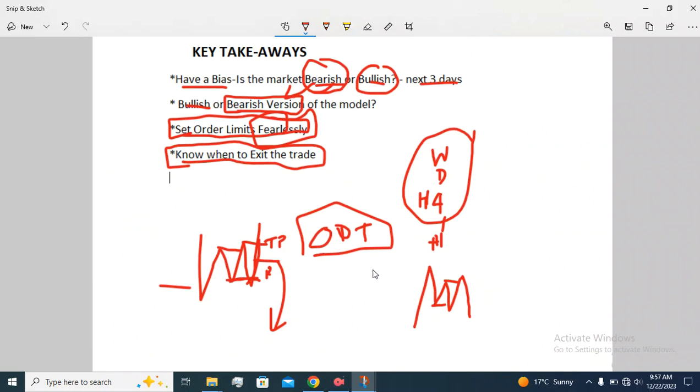If a bias is bearish, then we should be looking for this model right here. But we should also consider looking at the market on the higher time frame, right? This is where I said your weekly, daily, and the H4, and see the potential direction where the market is likely to draw.